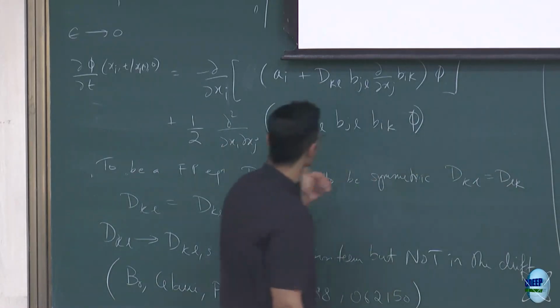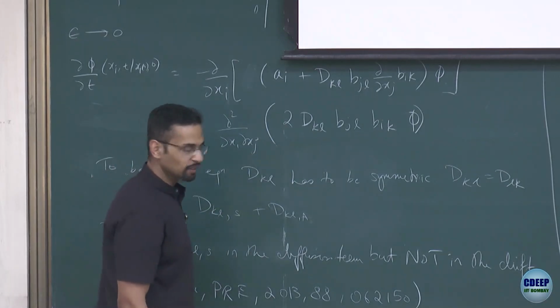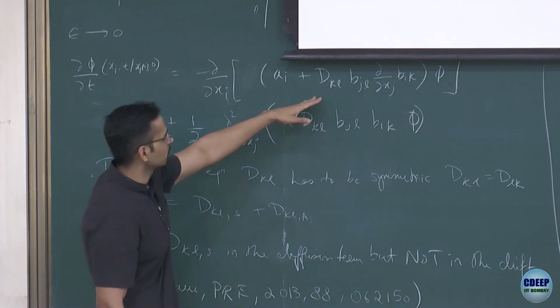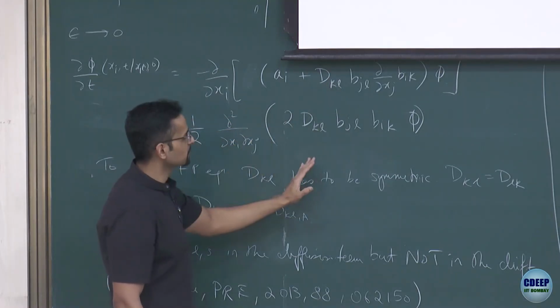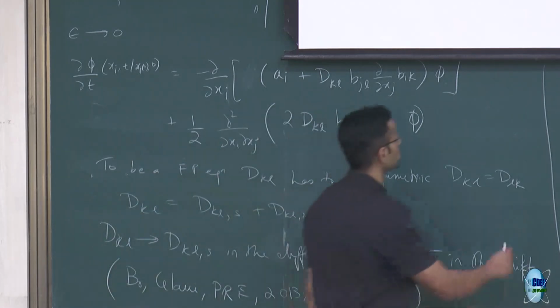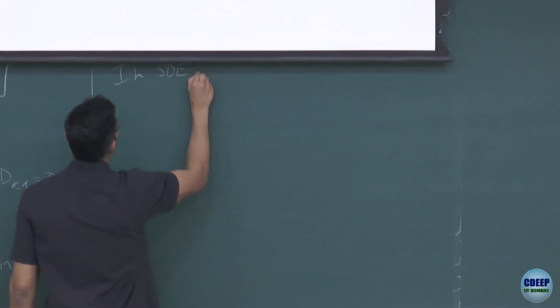But for now, I can say, if I replace dKl by dKls, then I will have an Ito Fokker-Planck equation, right? With some drift. I'm not bothered about the drift right now. There is some drift. There is some diffusion. This diffusion has the correct form. So I can write an Ito SDE. Right?